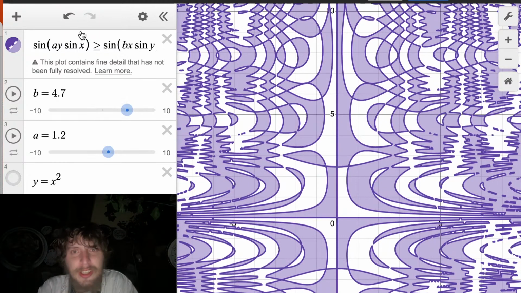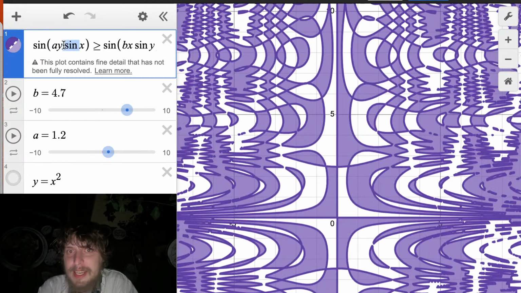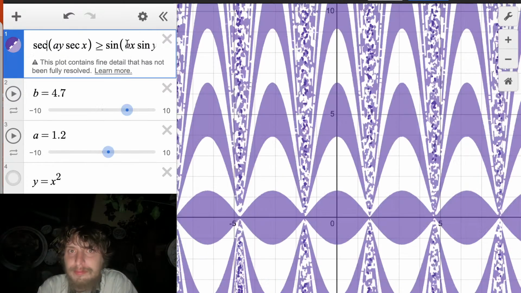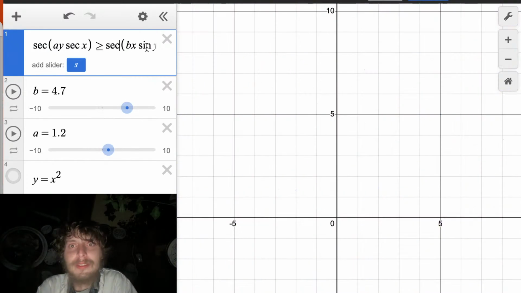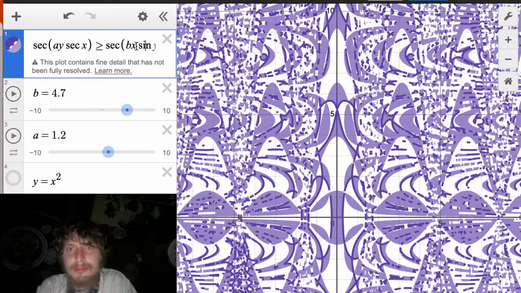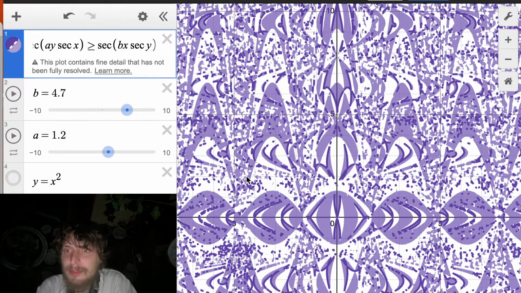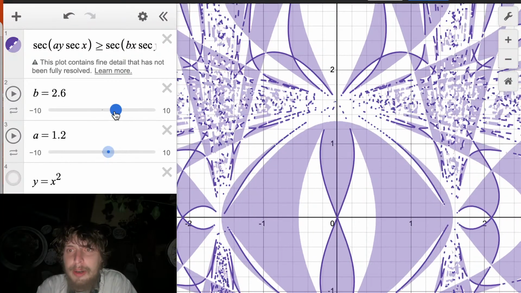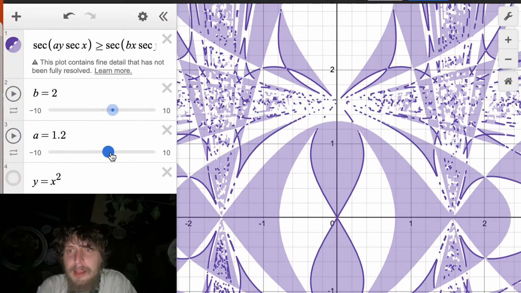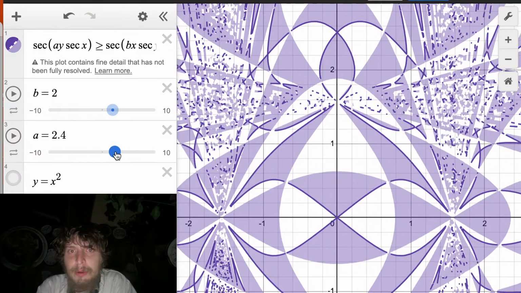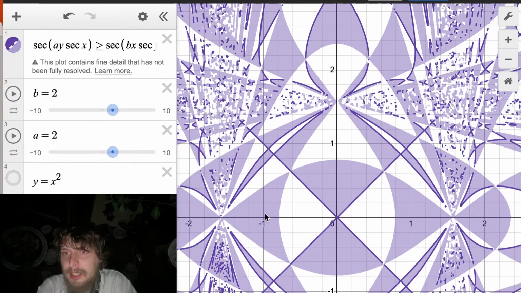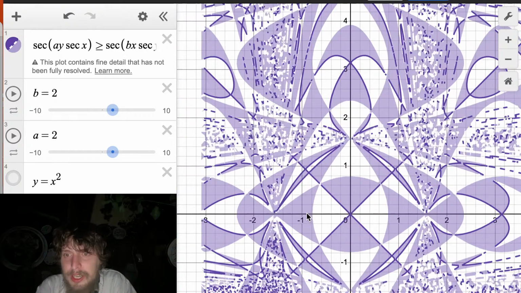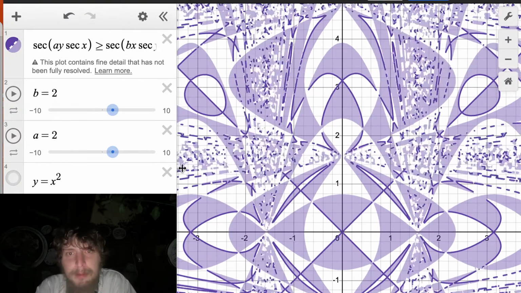Now, does that still apply if these were the secants instead? So secant was a whole other wacky realm, and now we are making it wackier by changing A and B separately. When A and B were together, it looked like this, which did have many levels of symmetry.